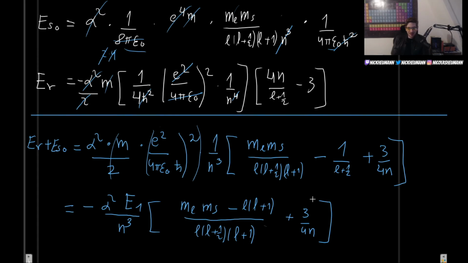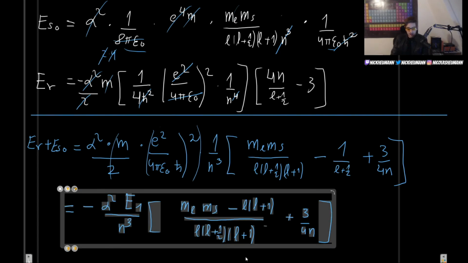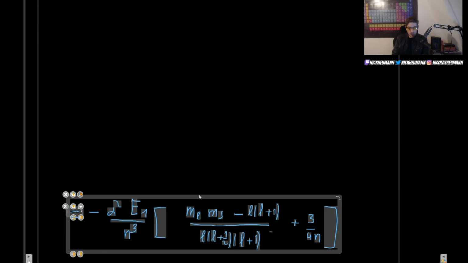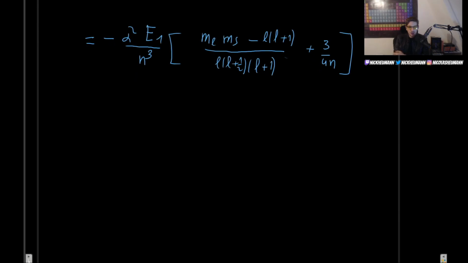So now, finally, all that there is left to do is to put in the value for the ground state of the hydrogen atom. So let's go to a new page and do exactly that. So let's copy this, go to a new page. And we know that the energy levels of the first state, so I don't know, what are we going to call this?